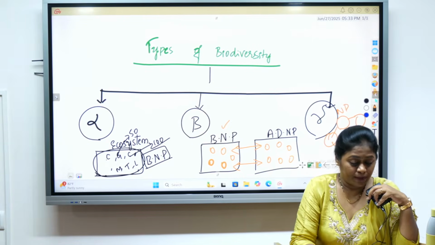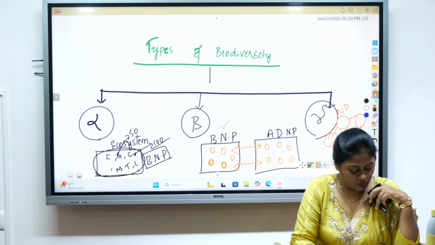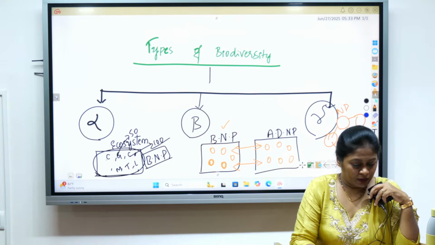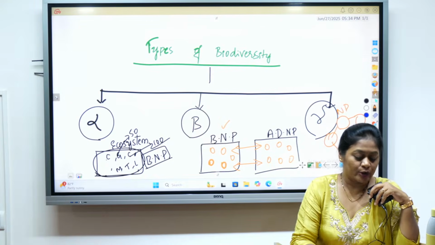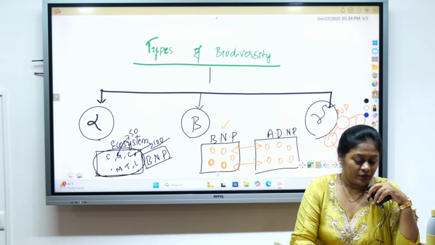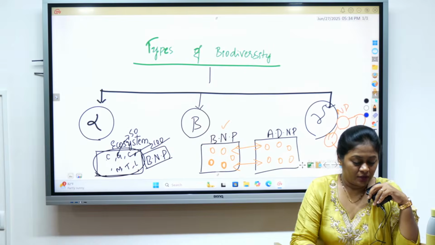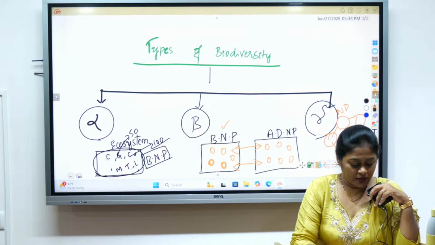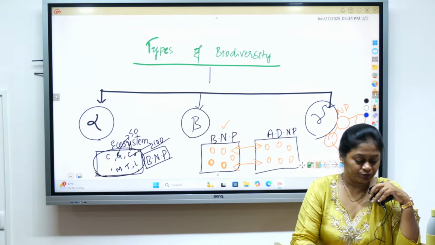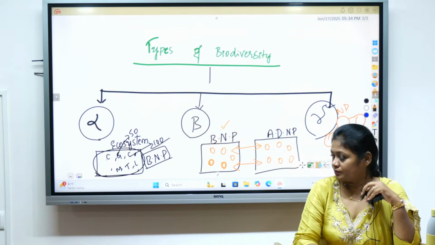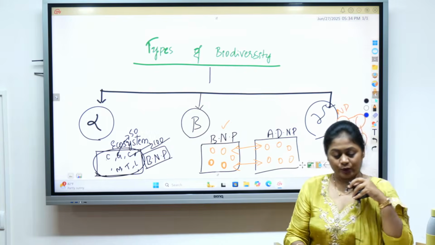Alpha diversity, it refers to the diversity within a particular area or ecosystem.